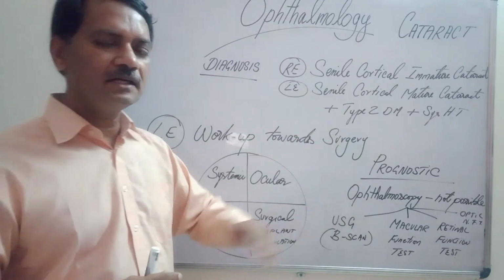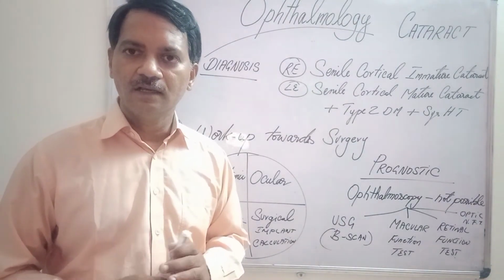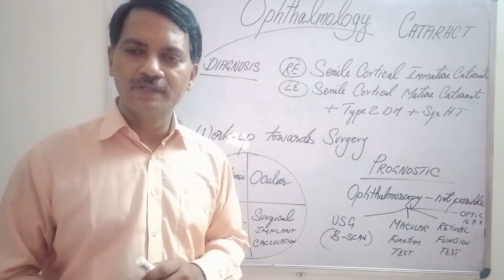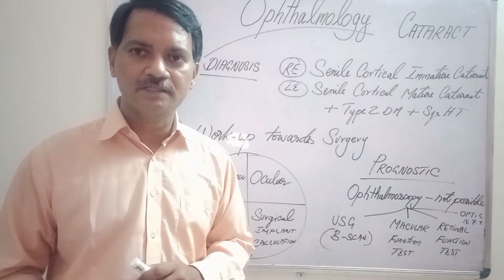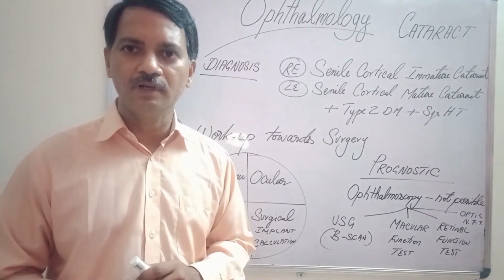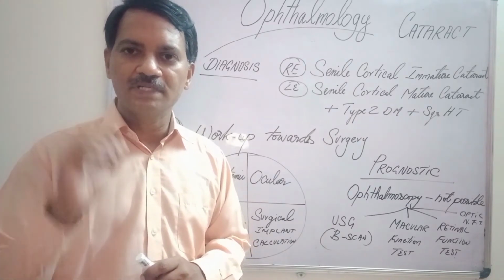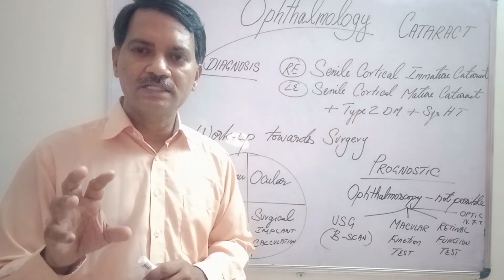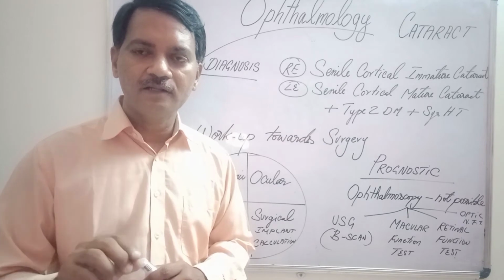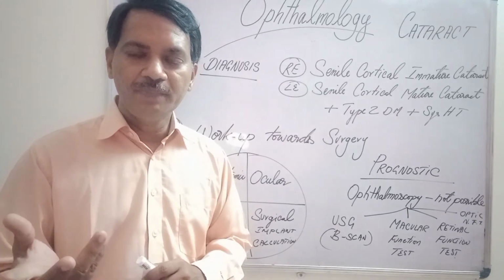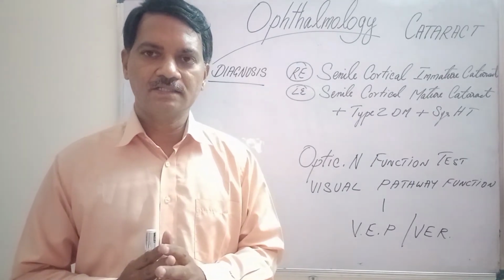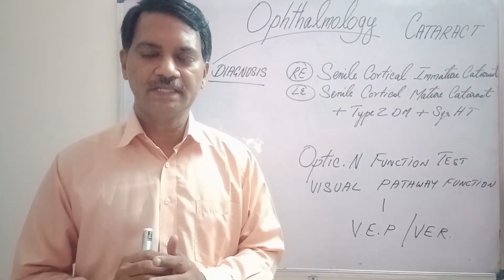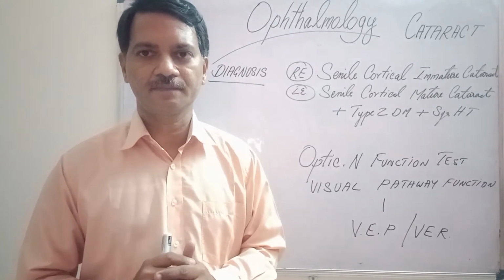As far as the optic nerve function test is concerned, the simple test to find out whether the optic nerve is functioning well or not is the pupillary light reflex. You throw light on the patient's pupil, and the pupil will constrict briskly. Whenever the pupil constricts briskly, then the optic nerve is said to be functioning normally. The optic nerve function test does not stop with checking the pupillary reflex.